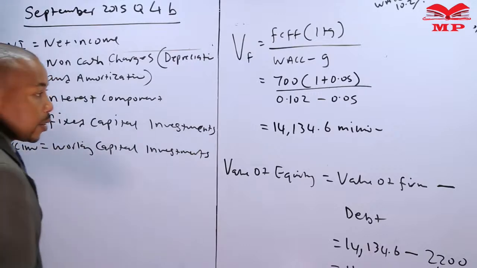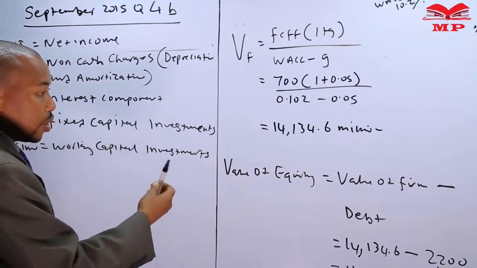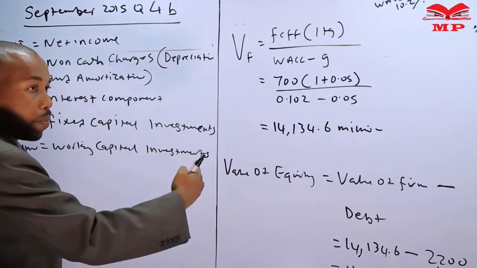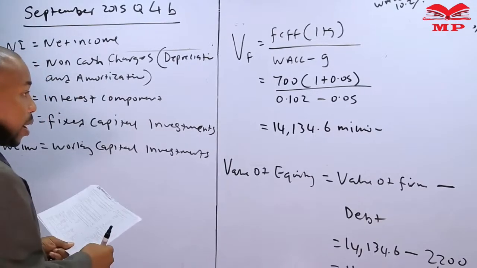Anything else? There is the tax rate there, and there is the net borrowing. Net borrowing is the difference between the long-term borrowing and the short-term borrowing. That is pretty direct. We'll be able to derive it from this extract.